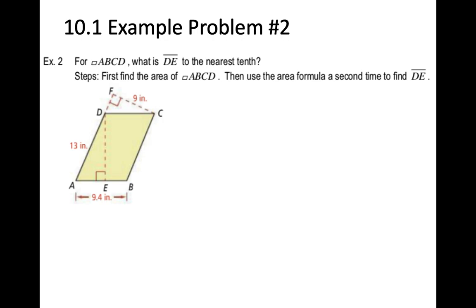Alright, let's do another problem. For this parallelogram ABCD, it's asking us to find DE to the nearest tenth. And it's suggesting that the first step would be to find the area of the parallelogram ABCD and then use that formula again to find DE. Alright, so I can do this because I can find the area of ABCD.